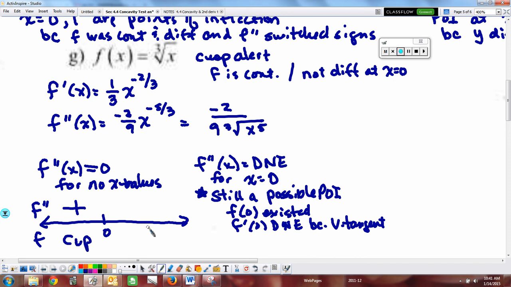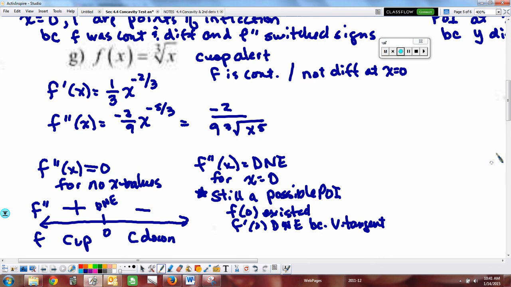And then if I pick a number that's positive, the second derivative is negative, and we end up, oh, sorry, that's not 0 right there. That should be DNE. That we get concave down, and we have to do a little bit more investigation.